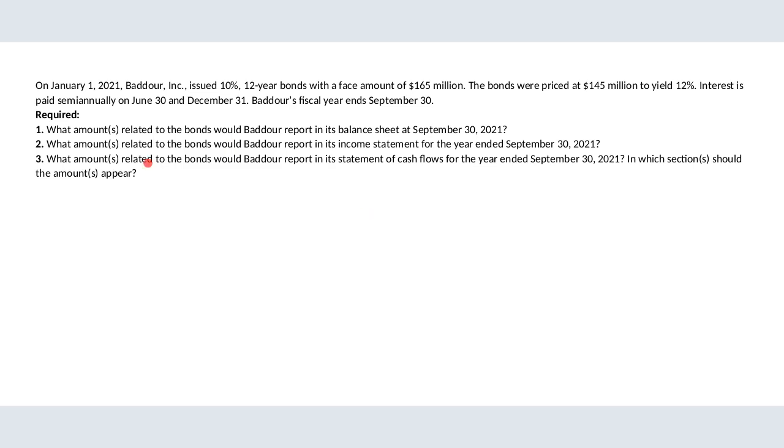So the last two questions are pretty much like the previous examples that we gave, right? Where we are asking for the statement of cash flows. So in terms of the statement of cash flows, we said what goes into operating activities.